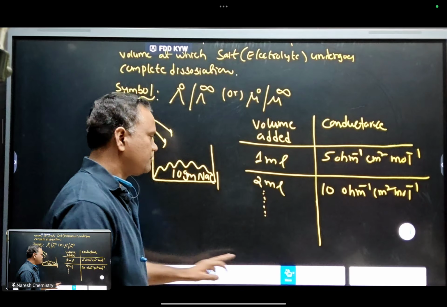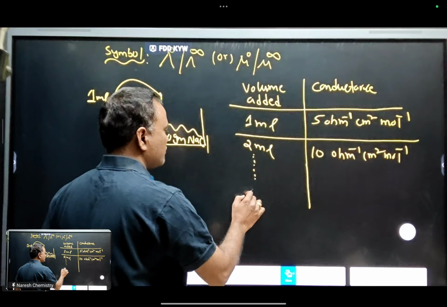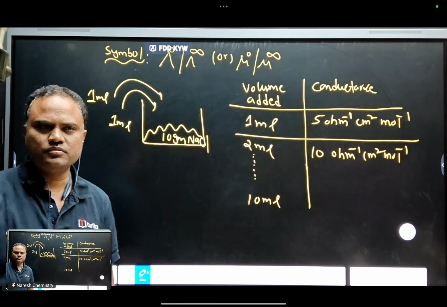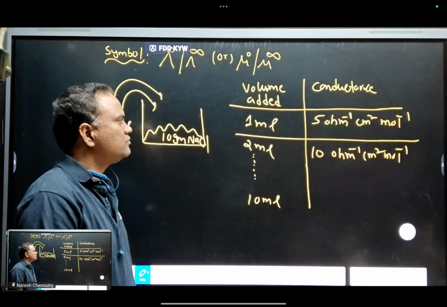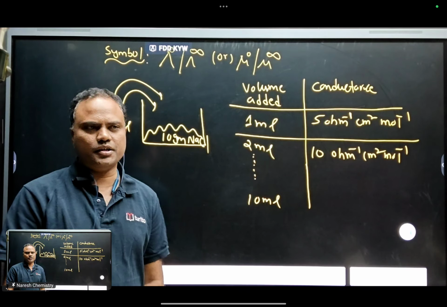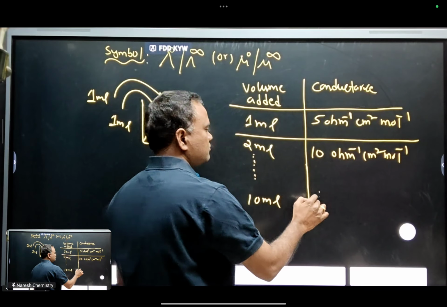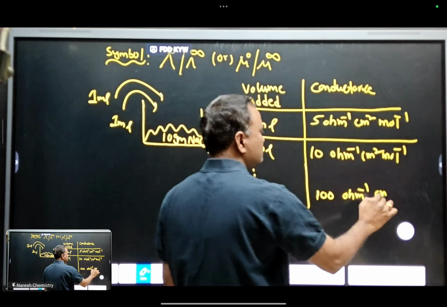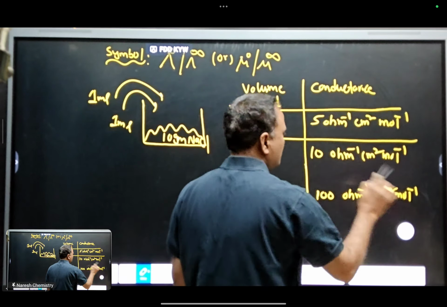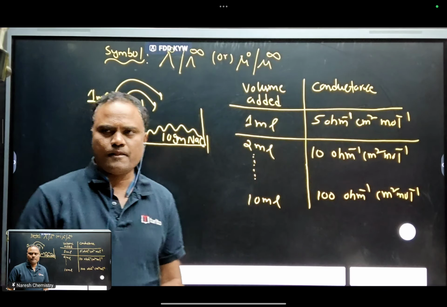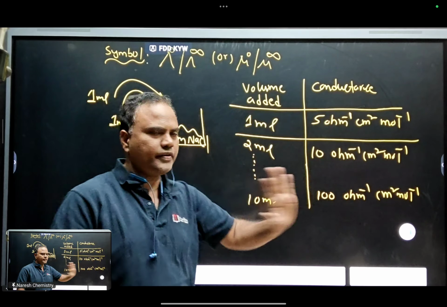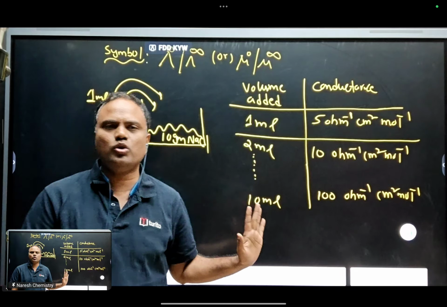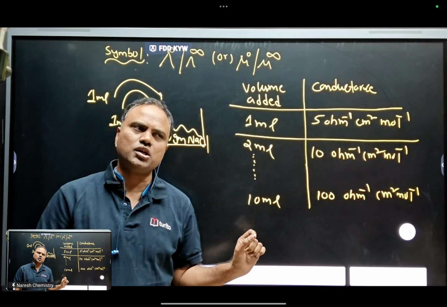Tell me for 10 ml, how much? 100. Approximate value, any value, but the value should increase. We have different conductance values. At 10 ml, what happens? Does all the salt undergo dissociation?